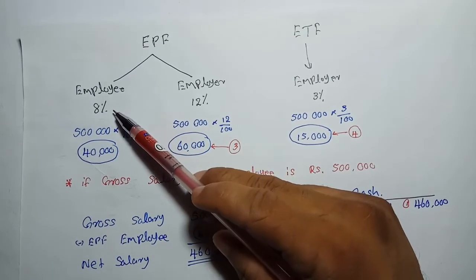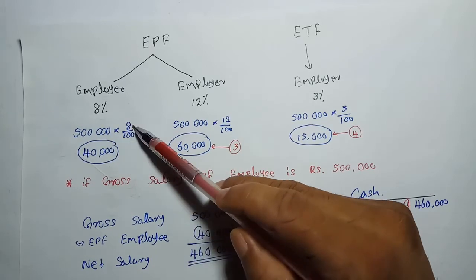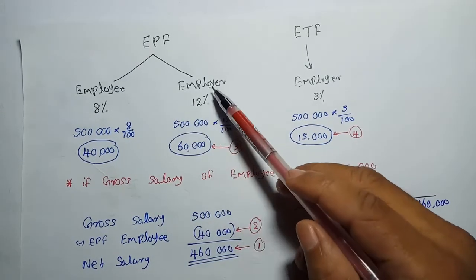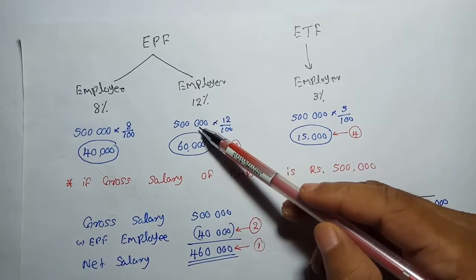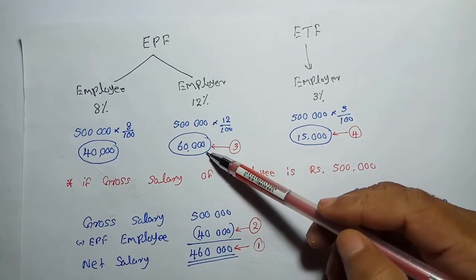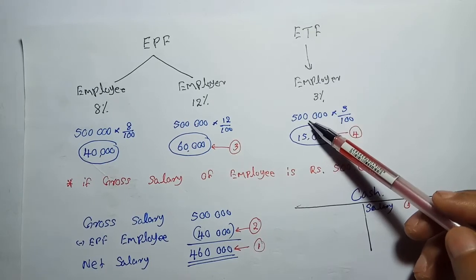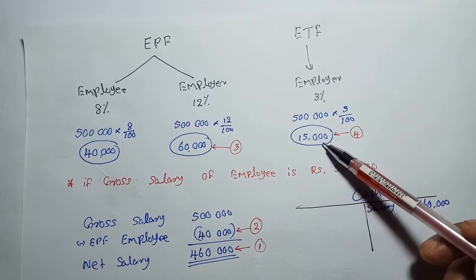Contribution of employee 8% for EPF: gross salary 500,000 into 8% equals 40,000. Contribution of employer for EPF: 500,000 into 12% equals 60,000. And ETF also based on the gross salary: 500,000 into 3% equals 15,000.